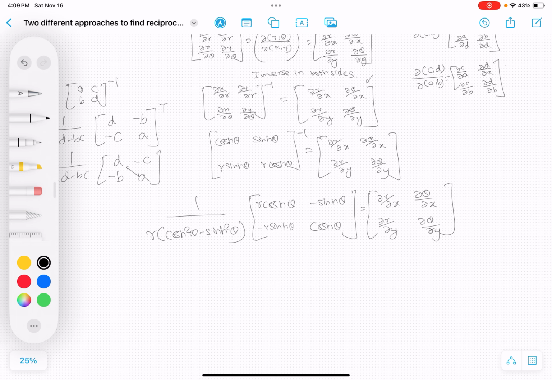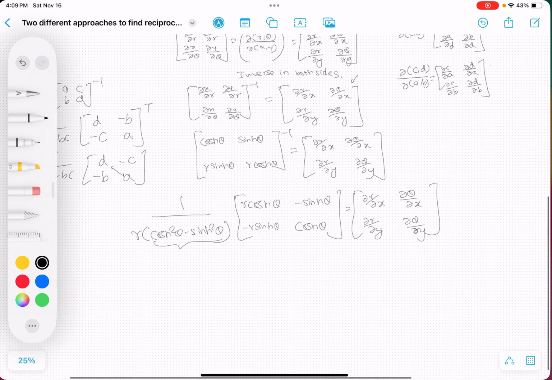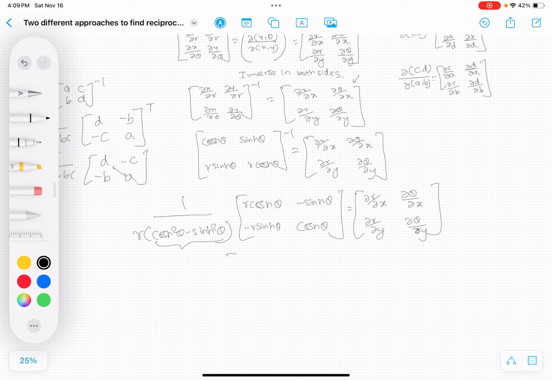So let's try to do that over here as well. If you want to find it in terms of x and r, now this one is just 1. First there's 1 by r, which we will divide on all of these terms. So this is cos theta by r, minus sin theta by r, and sin theta by r, cos theta by r, and this equals partial r by partial x, partial theta by partial x, partial r by partial y, partial theta by partial y.